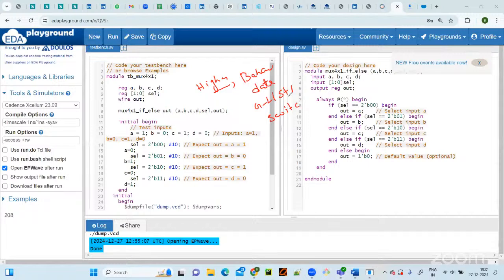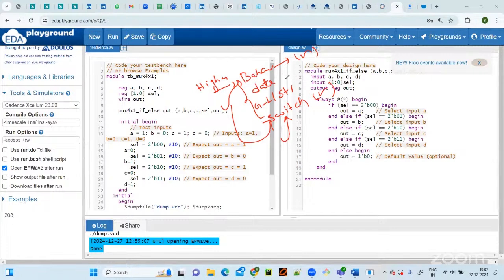Switch level is the lowest level of modeling style, and behavioral is the highest. We also saw why behavioral is the highest level of abstraction and why switch level is the lowest.